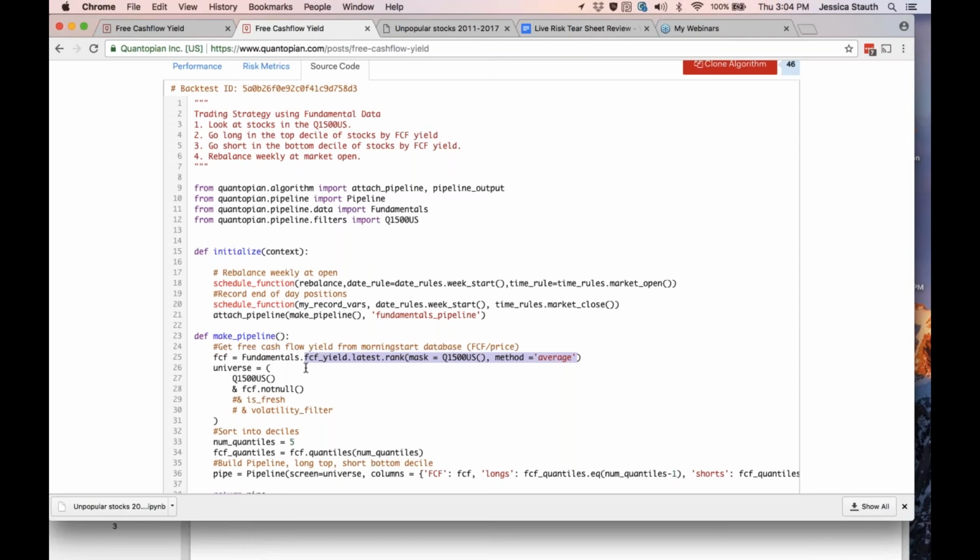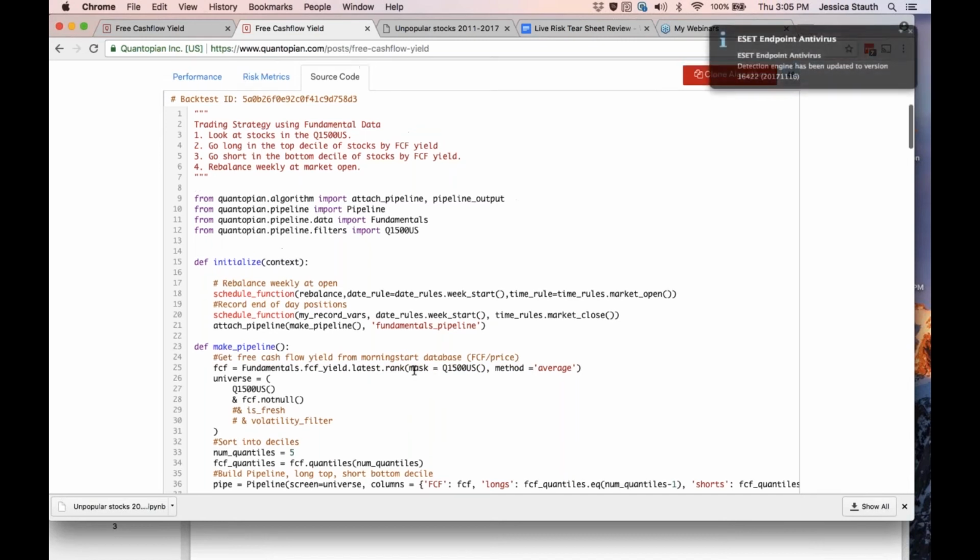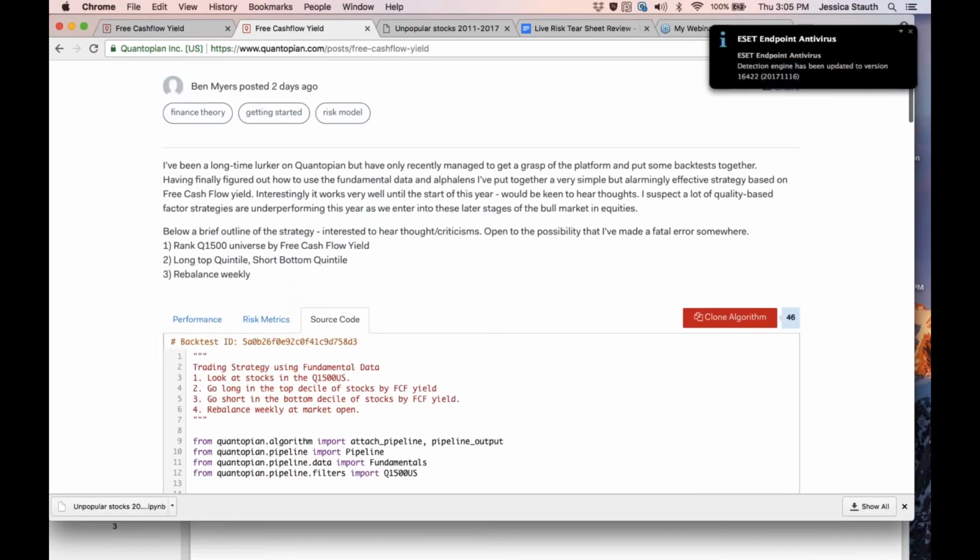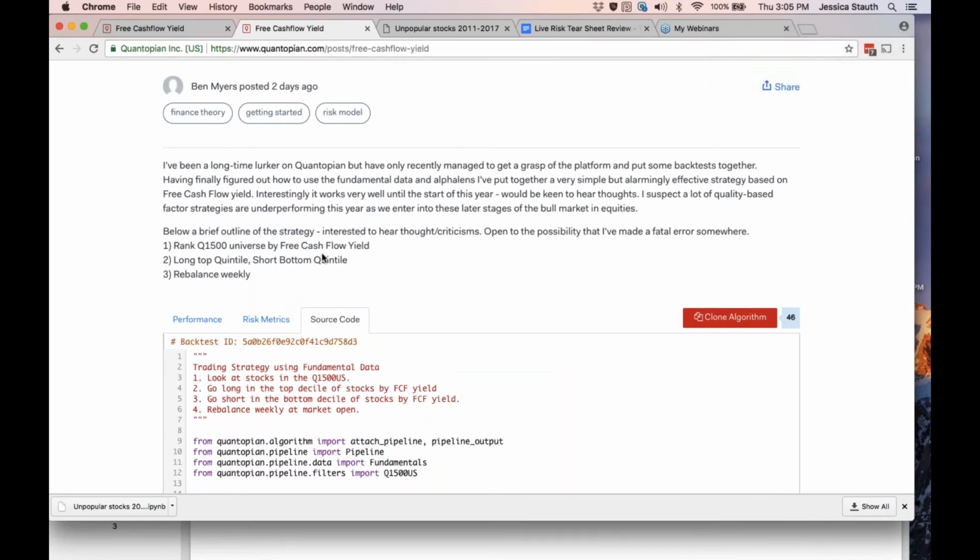So the first question I had that we'll come back to later is, this is a pre-computed field in Morningstar. And so one thing I think is that it may only be updating quarterly when Morningstar is updating results for each company. And so it might be possible to just get a free cash flow numerator and then have a live price denominator. You have a signal that might be moving around a little bit more during the quarter.